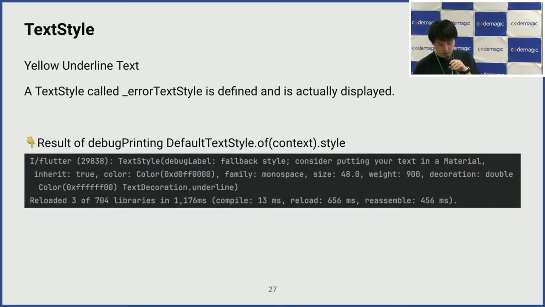If we debug print DefaultTextStyle.of(context).style in the build method where this display happens, we can see the result like this. You can see that we are getting the text style that was set in the error text style before. This can be resolved by wrapping it in Scaffold, or you can fix it by setting the text style yourself.